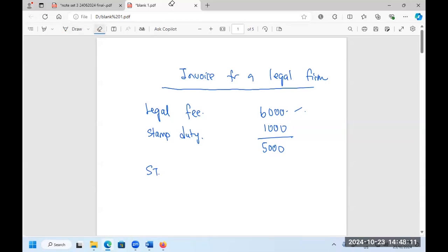Wait, let me think of another one. Legal fee to RK and Co. 2,000. So altogether 9,000.